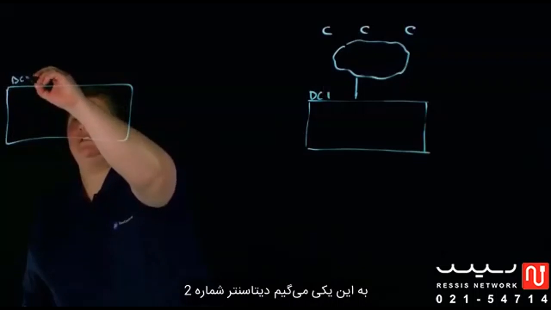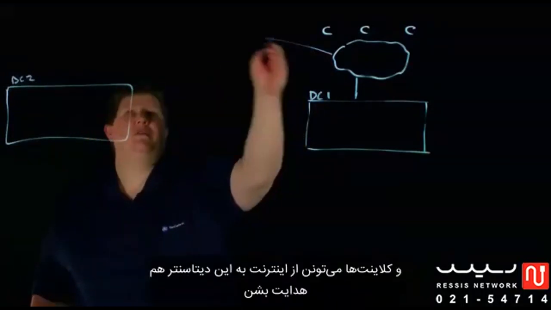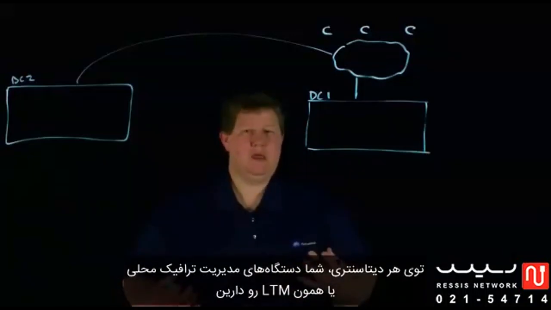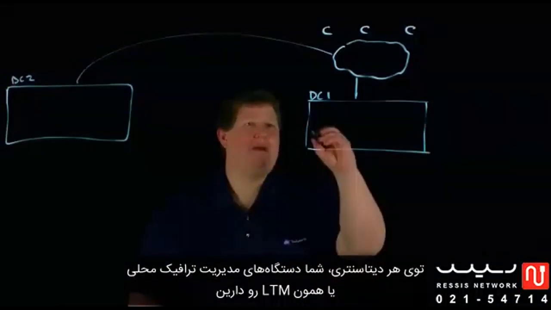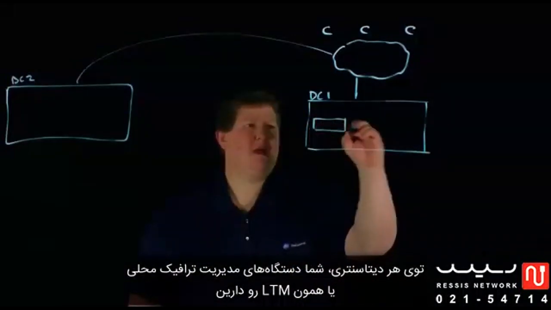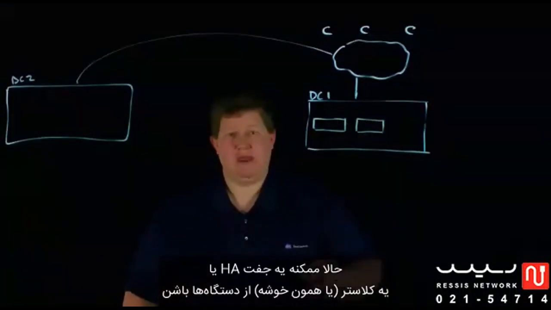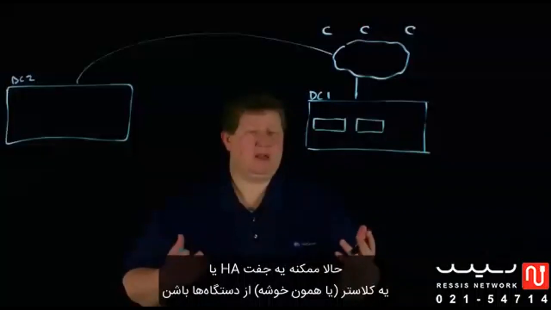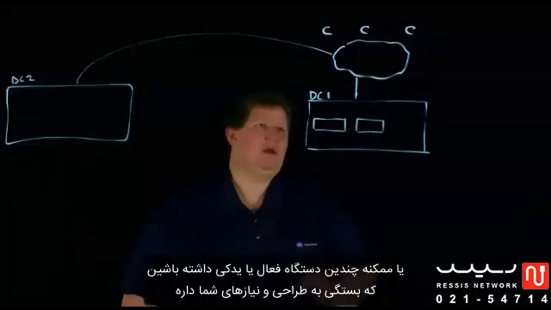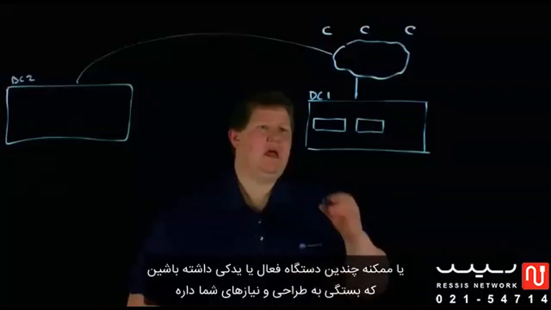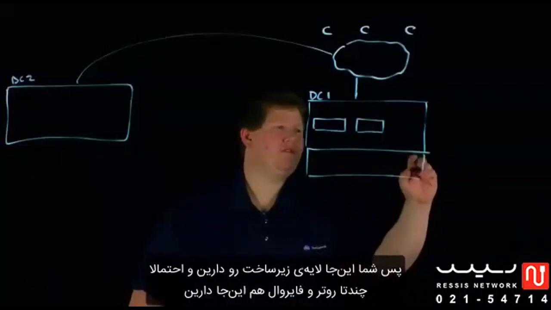We'll call that data center 2, and of course, come that way from the cloud. In any particular data center, you have your local traffic manager devices in either an HA pair, or a device cluster where you have many active and a standby, or whatever your scenario is. And so you have your infrastructure layer here.